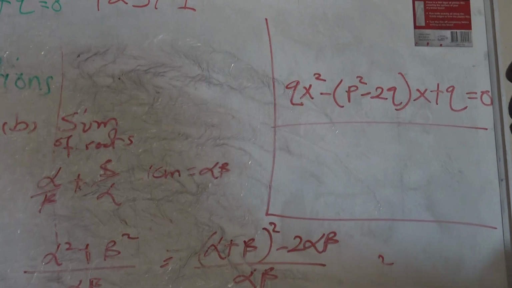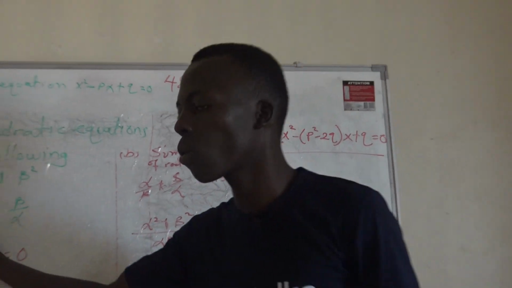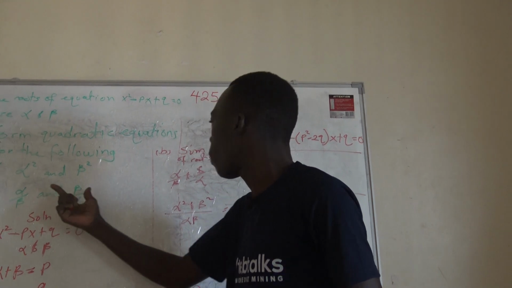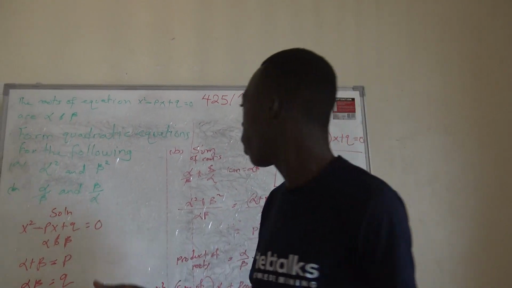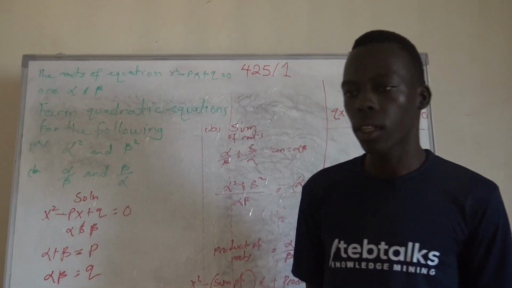So this one will be our quadratic equation for these two roots. So I think that one is understood. So we are stopping there. Thank you.